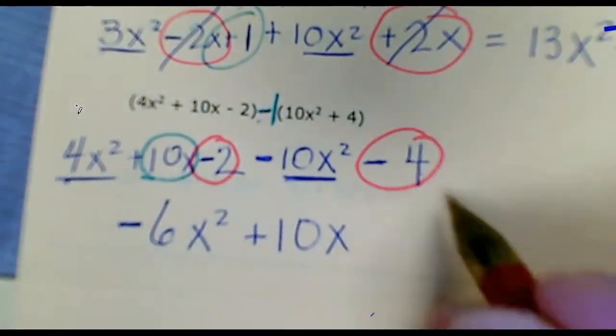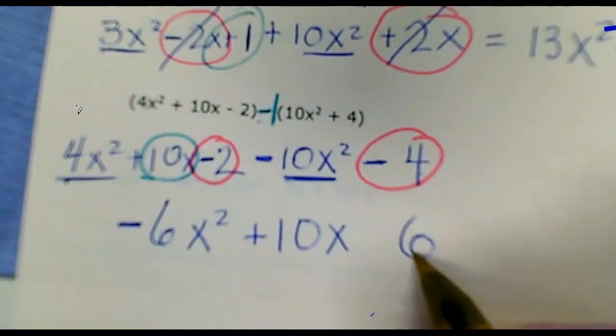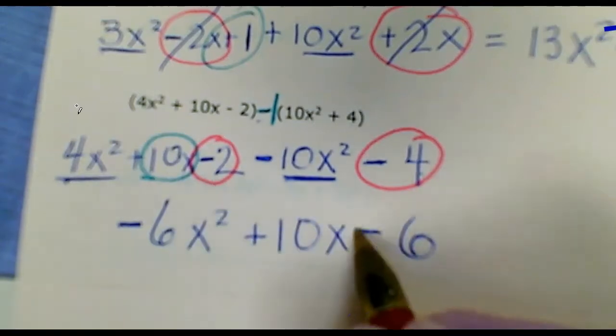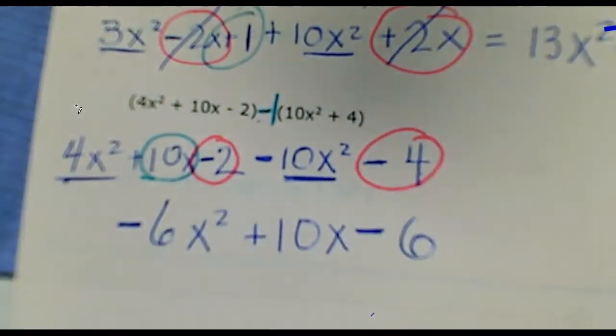When they have the same sign, you add them up and you keep the sign. I would prefer you be able to add and subtract positive and negative numbers without a calculator, but some of you may need to use a calculator to help you out on those.